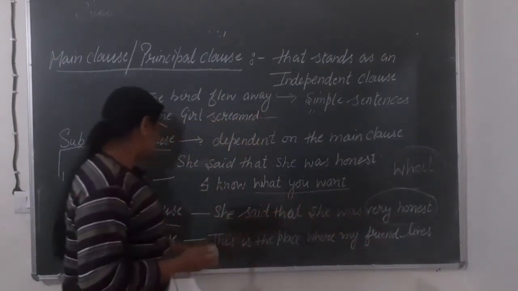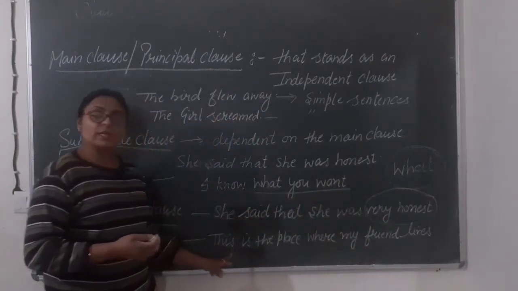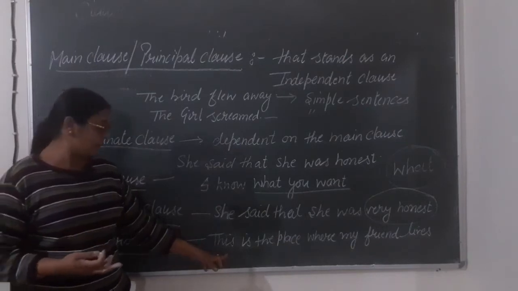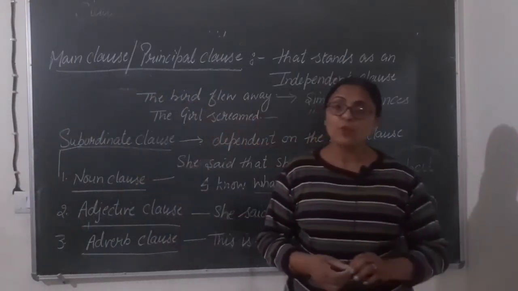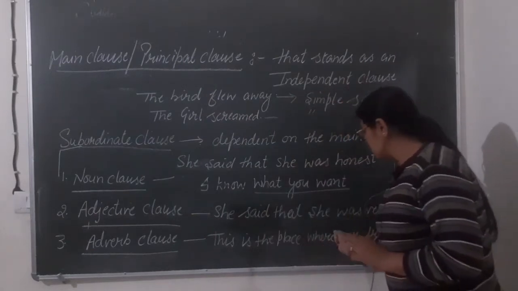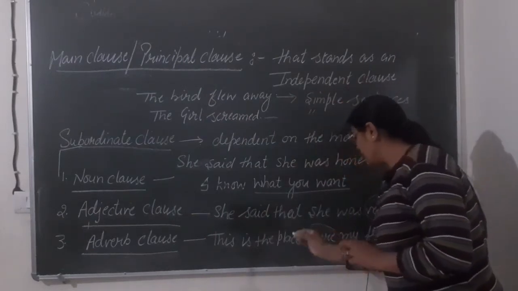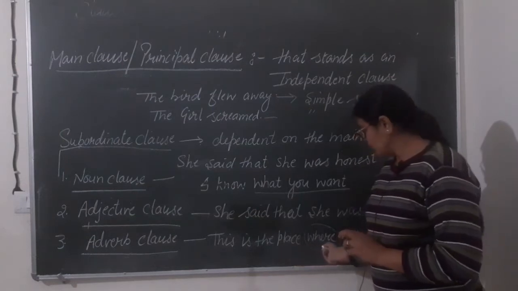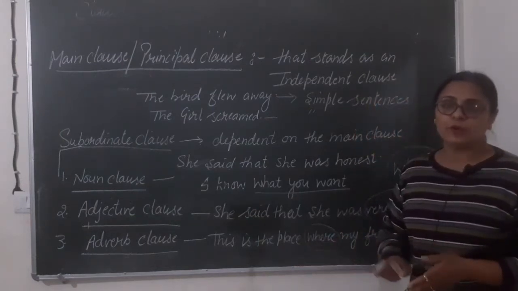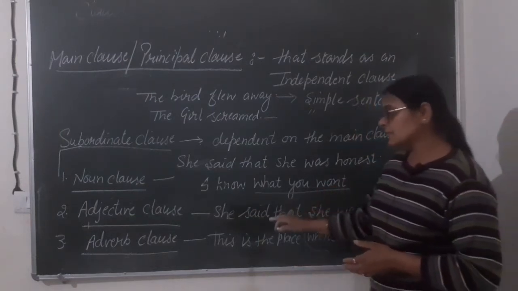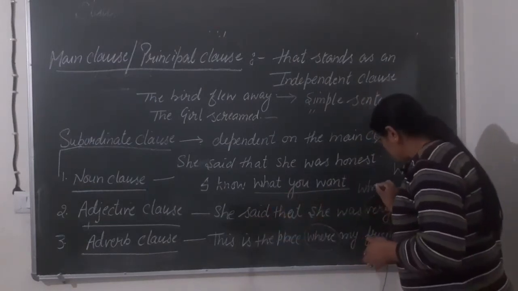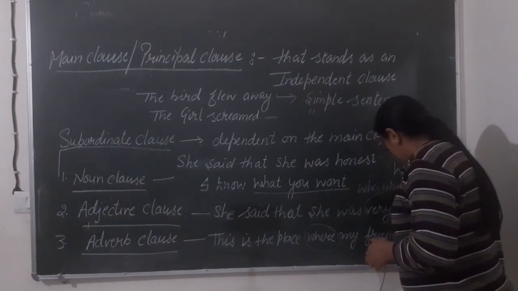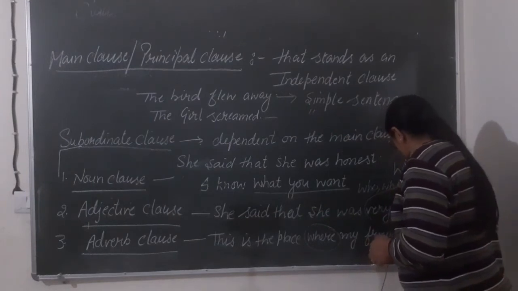Fine. In the third sentence, this is working as an adverb: This is the place where my friend lives. Where is used as an adverb here. Place is also written, but where is working as an adverb. Basically, the adjective clause gives the answer of who, which and whose.